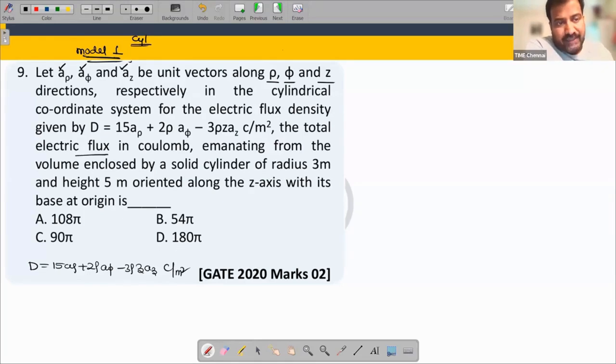The total electric flux in coulombs emanating from the volume enclosed by a solid cylinder of radius 3 meter and height 5 meter oriented along Z axis with its base at origin.